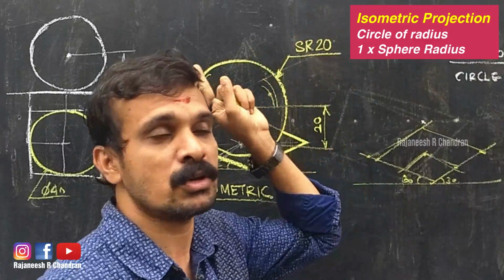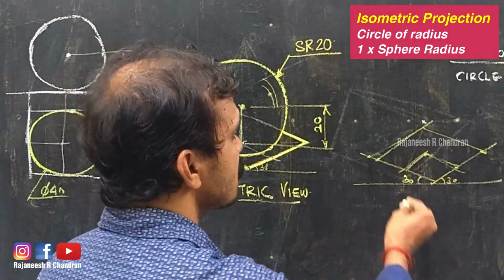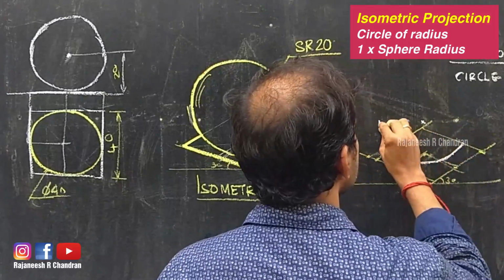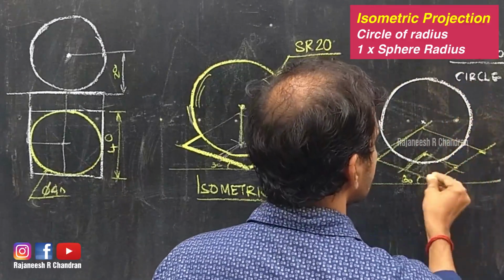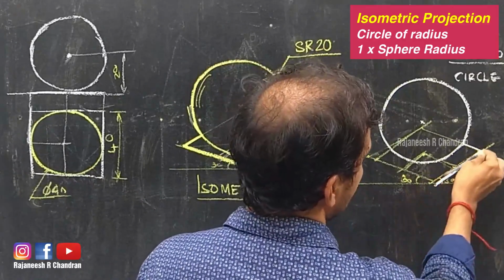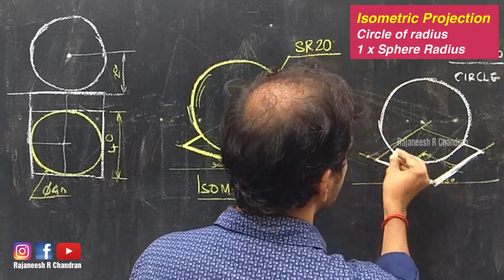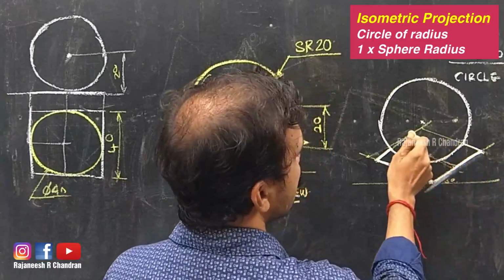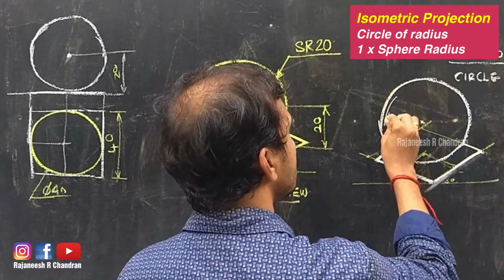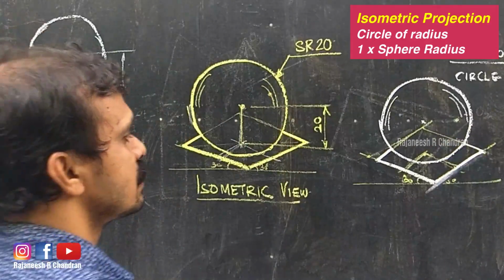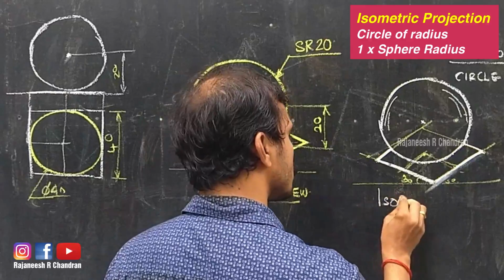Here the sphere radius is 20. So with this center, draw a circle having a radius 1 into 20, that will be like this. Actually these are invisible lines, that's why I didn't draw them. See, this is the isometric projection.